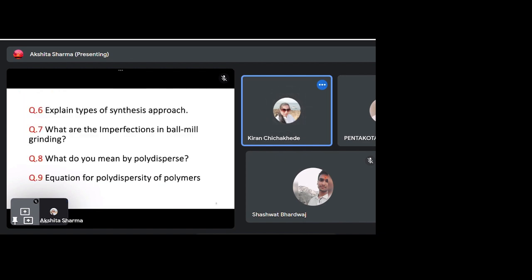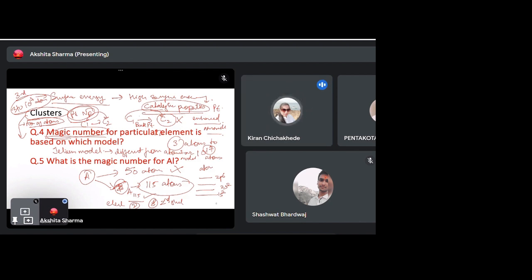But in the Jellium model, this is a cluster. It is 1s2, 1p6. This is an atom and this is a cluster. The electron filling is different in a cluster.